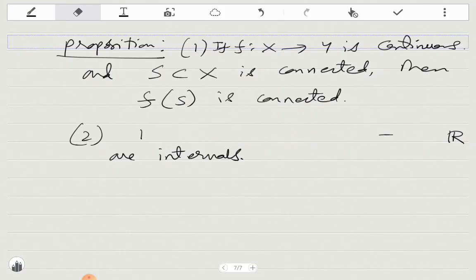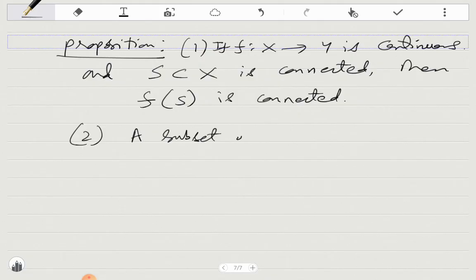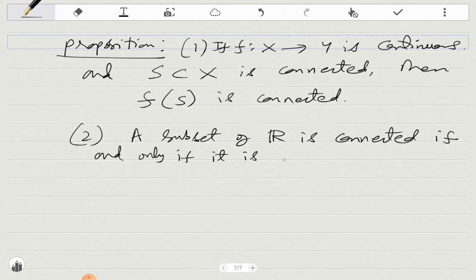Instead of wording it like this, I'll be more explicit. A subset of R is connected if and only if it is an interval.